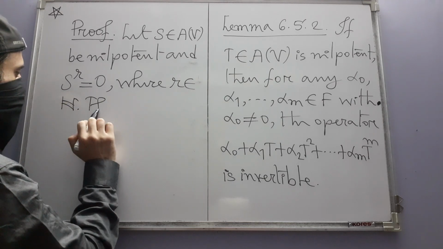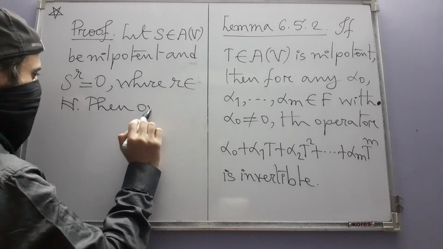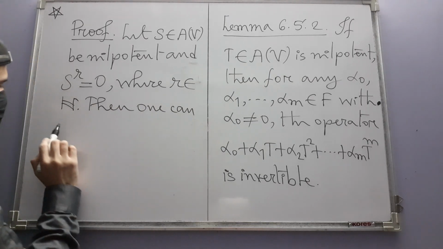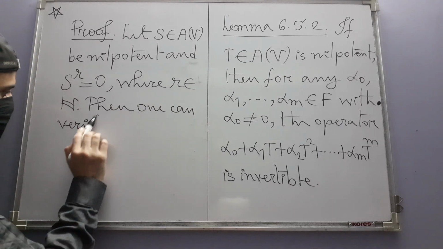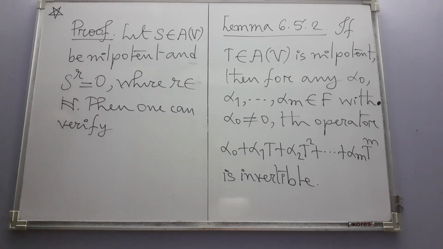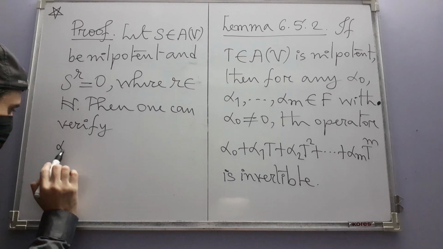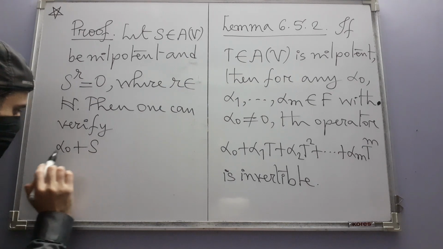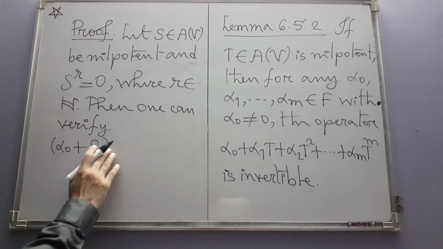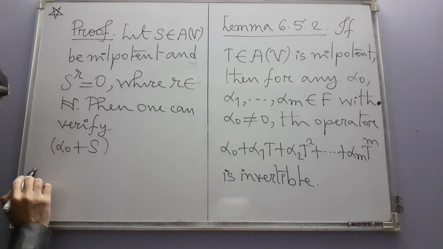Then one can verify the following. This product, alpha naught plus S, times, won't have that much space, right?